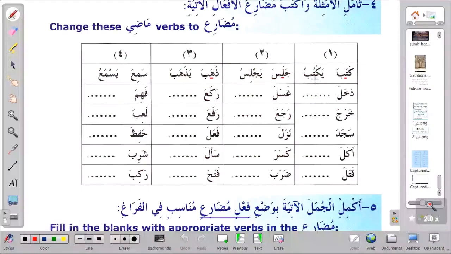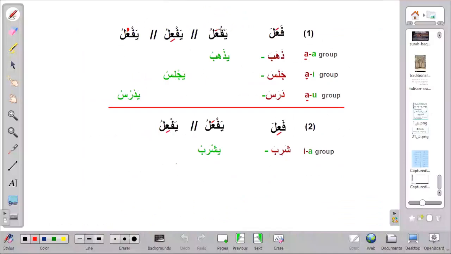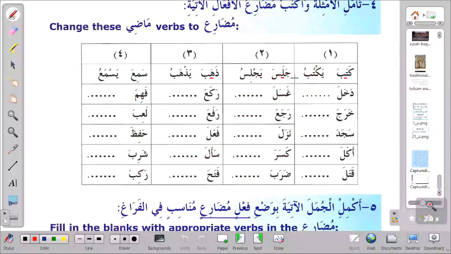Now, you can see when you come to the mudore, as we just said, there are going to be 3 possibilities. Just like you take this one and permutation, this to this, or this to this, or this to that. So the same way, the middle of the mudore could have either dhamma, or kesra, or fatha.